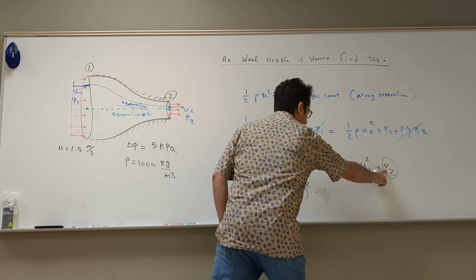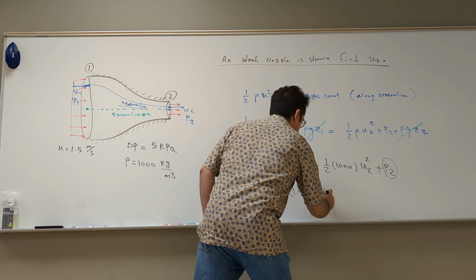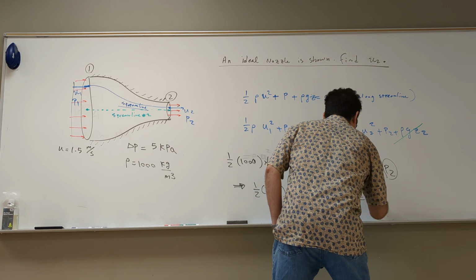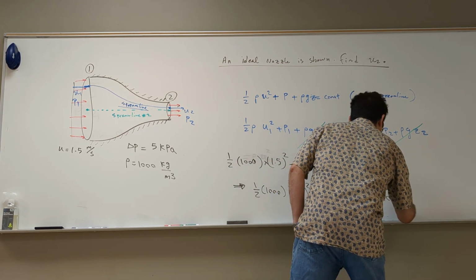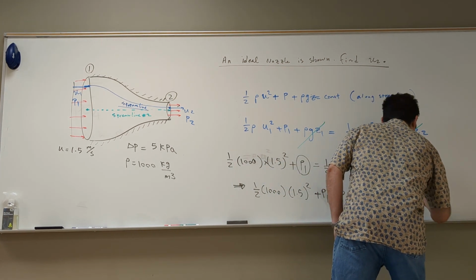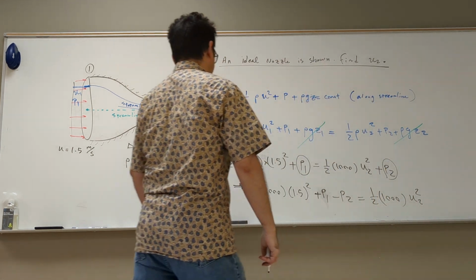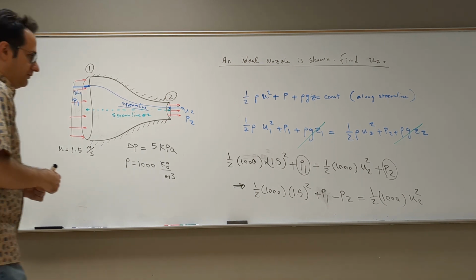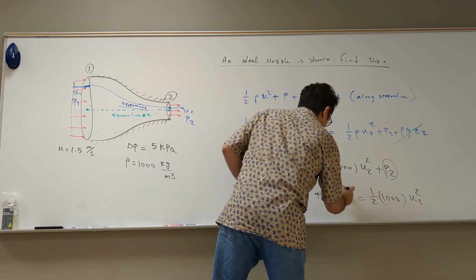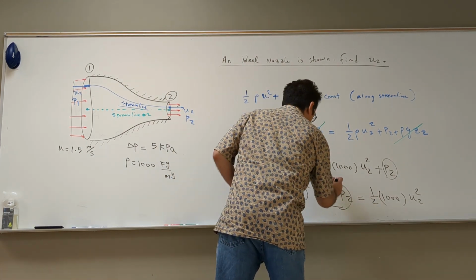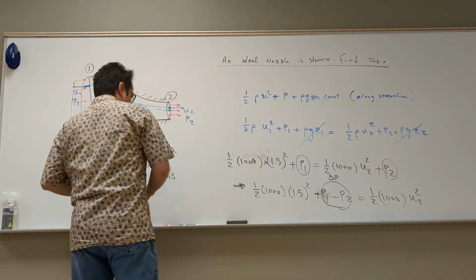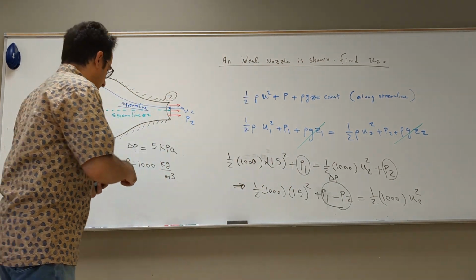So p1 minus p2 plus 1/2 of 1,000 times 1.5 squared is equal to 1/2 of 1,000 u2 squared. So here you have this, if you substitute here, you say delta P. Isn't that negative? Yeah, that's a negative.